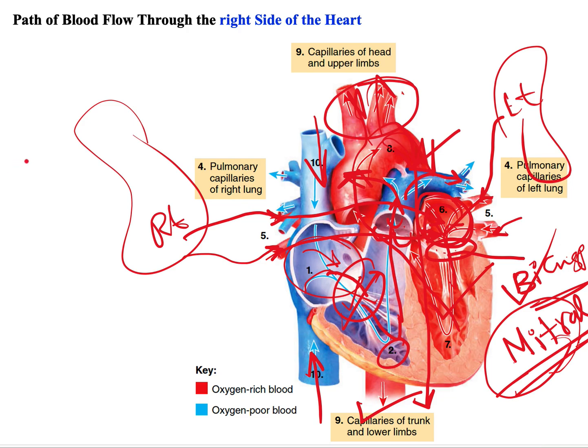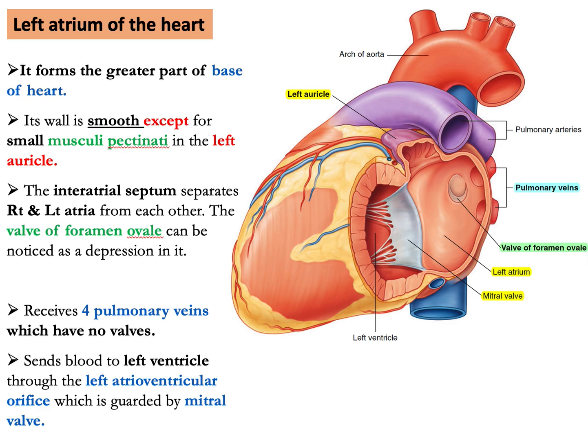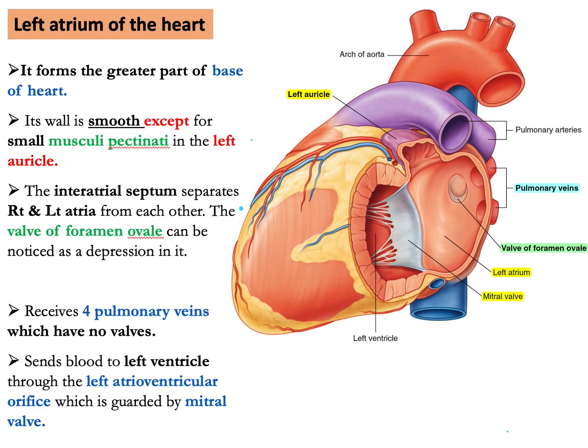So let us now shift to the left side of the heart and start with the left atrium. While shifting now, guys, to the left side of the heart to talk about the left atrium, this is the left atrium.